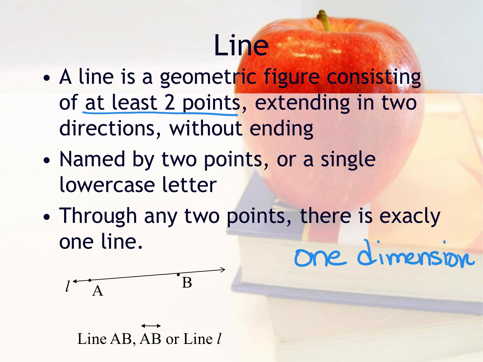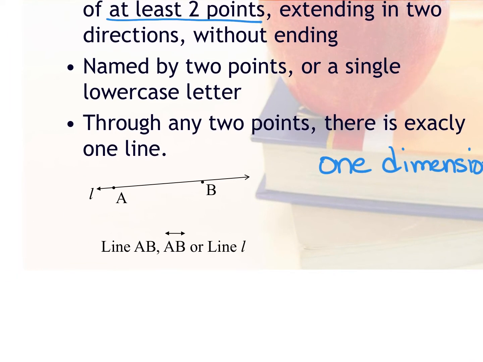Now, if you notice the picture here, and I know they're kind of tiny, at the ends of this line are arrows, indicating that it extends forever in both directions. Now, here's where it gets important about the naming of these different things in geometry. When you name a line, you're going to name it with 2 points, so 2 capital letters.